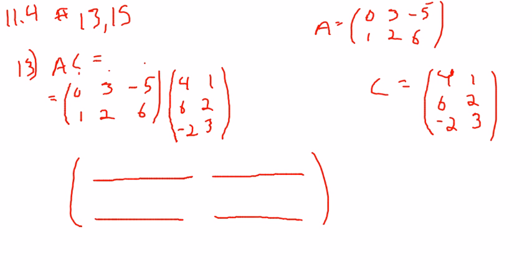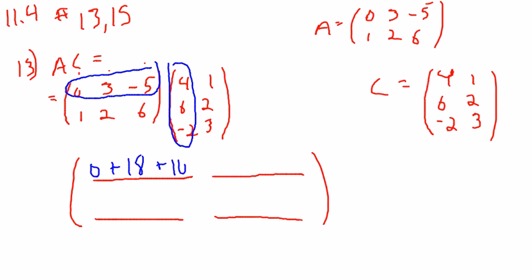Alright, so I'm going to start by doing a circle here. Top by left, and it goes in the top left. So I get 0 times 4. Remember, I add on the inside. So I got 0 times 4, which is 0, plus 3 times 6, 18, and then -5 times -2, which is a positive 10.